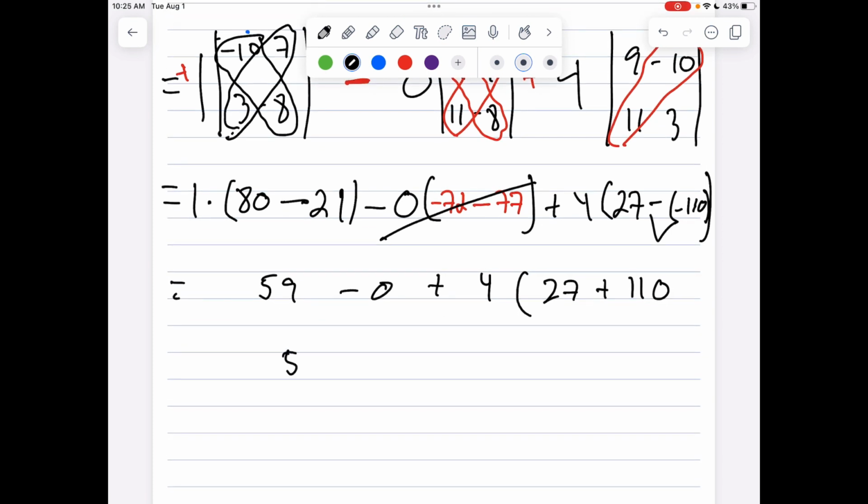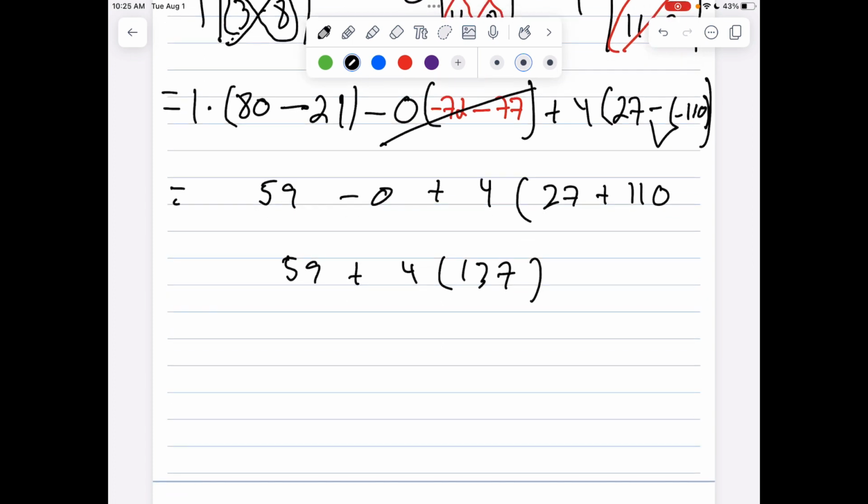So you would have 59 plus 4 times 137. If you went through the calculations, 137 times 4, 28 to 1, so it becomes 548. And then 548 plus 59.